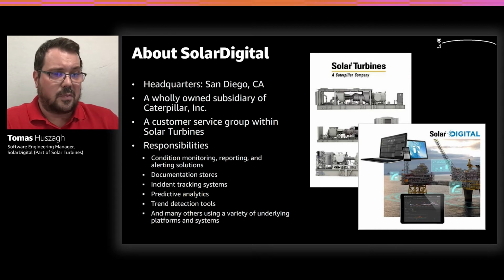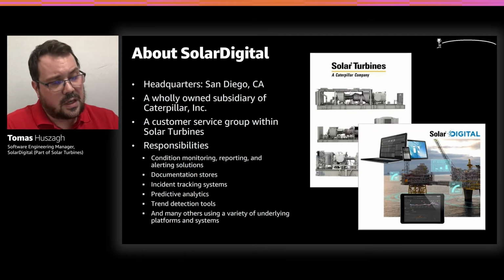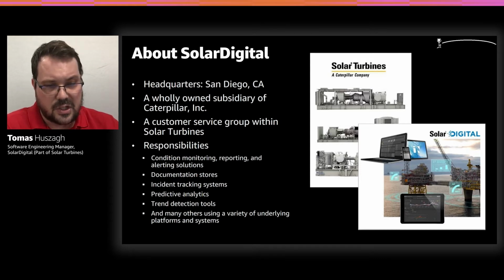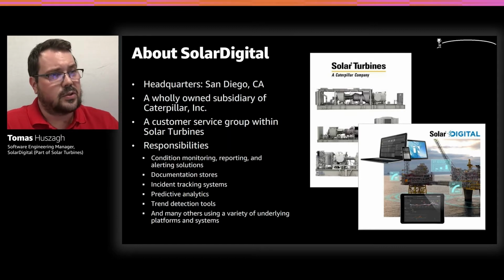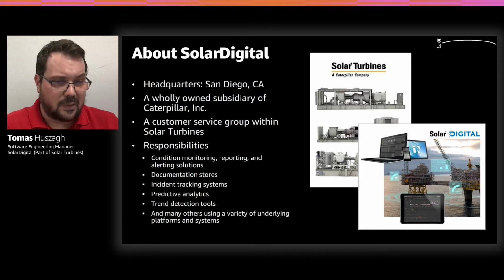So basically, from only monitoring, reporting and alerting the customers when something goes wrong with their turbines and machinery, you can think of everything around that. So really, I have condition monitoring, reporting, alerting, documentation stores, incident tracking systems, predictive analytics, trend detection tools, many other tools which I can spend hours and hours talking about, but obviously we don't have time.